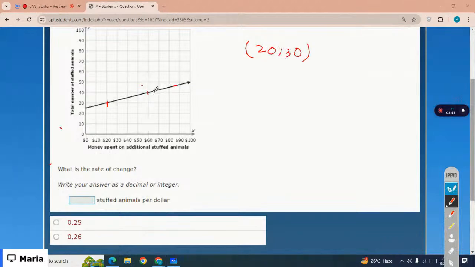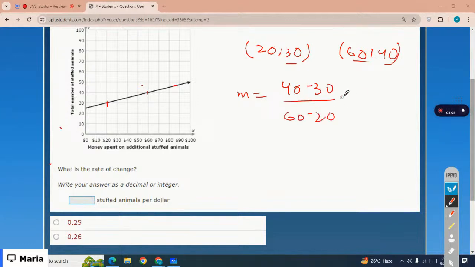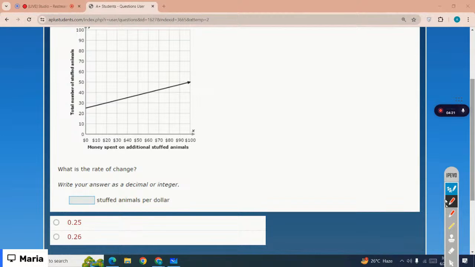And for this one, they are 60 and 40. So let's just calculate this. That is y2 minus y1 over x2 minus x1, that is 10 divided by 40. So the correct option is 0.25. Option number 1 is the correct option.